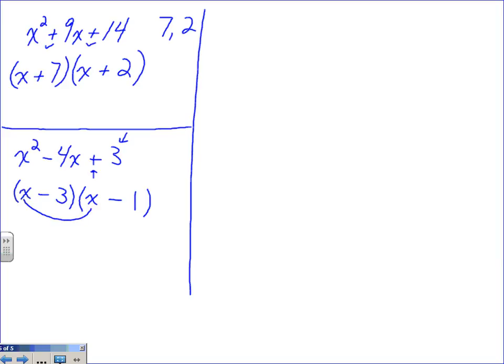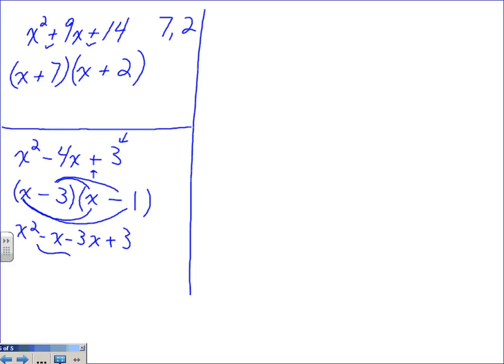Look, x times x is x squared. x times -1 is a -x. -3 times x, I'm using FOIL, is -3x. And -3 times -1, that's where we get the +3.